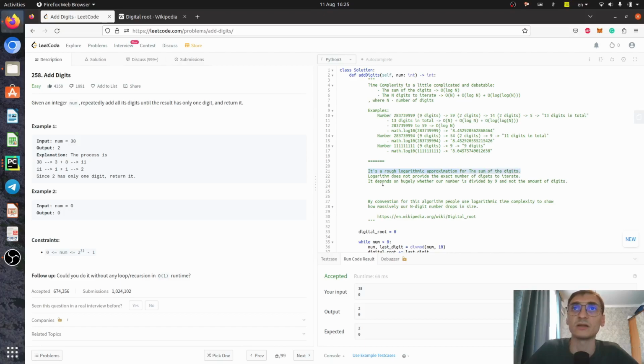Its logarithm doesn't provide the exact number of digits to iterate, and it depends hugely on whether our number is divisible by 9 or not. Here are our second and third solutions.